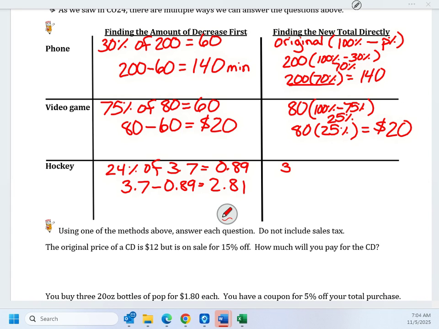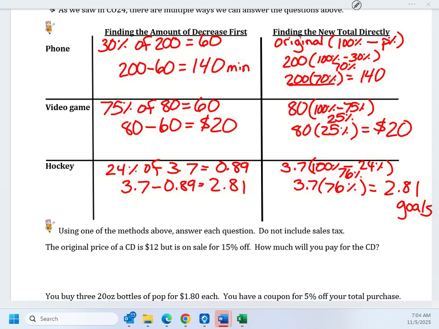Doing our new total directly, we have our 3.7 times that 100% minus 24%, which would give us 76%. So 3.7 times 76% equals that 2.81 goals that we let in.